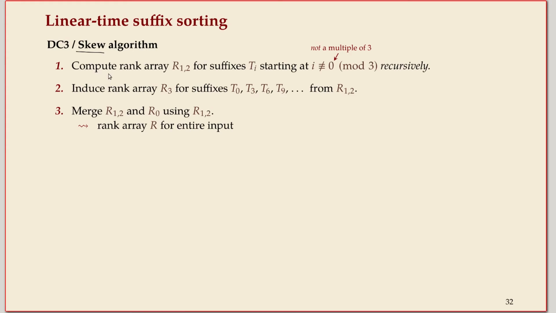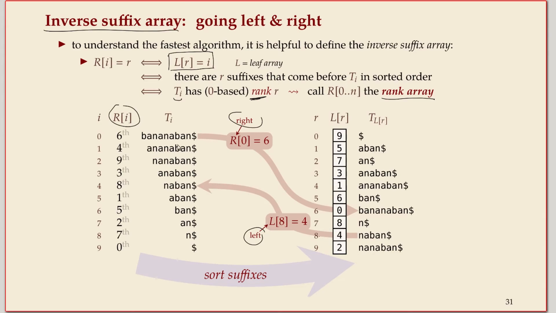The first step says, I'll compute this rank array, but I only look at suffixes that start at positions that are not a multiple of 3. So you take your text, or rather this list. Now 0 is a multiple of 3, 0 times 3.